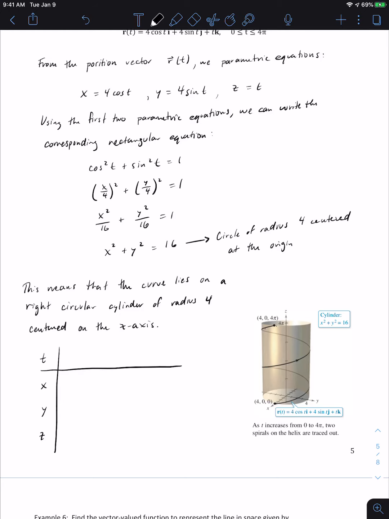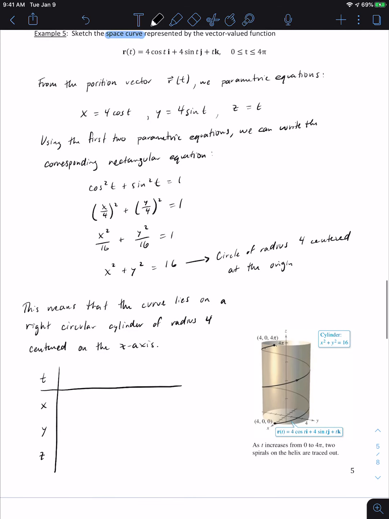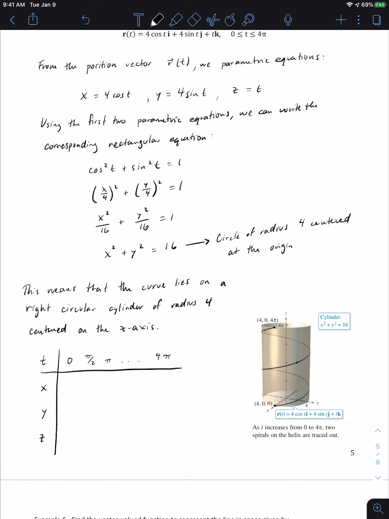Again, it doesn't really matter if we think about it as looking at i, j, k, or as just our points on the graph with our parametric equations, right? So t varies from 0 to 4 pi. Let's do 0, pi over 2, pi, and then I'm just going to draw dot, dot, dot, and then we're going to end at 4 pi, because we don't need to do everybody in between.